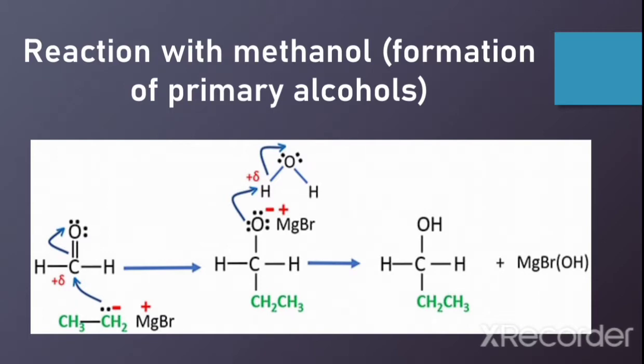Then the oxygen will take the proton from the water, and the magnesium bromide that has a positive charge and the hydroxyl group that has a negative charge will react with each other and form magnesium bromide hydroxide, and we have our final product, that is primary alcohol.